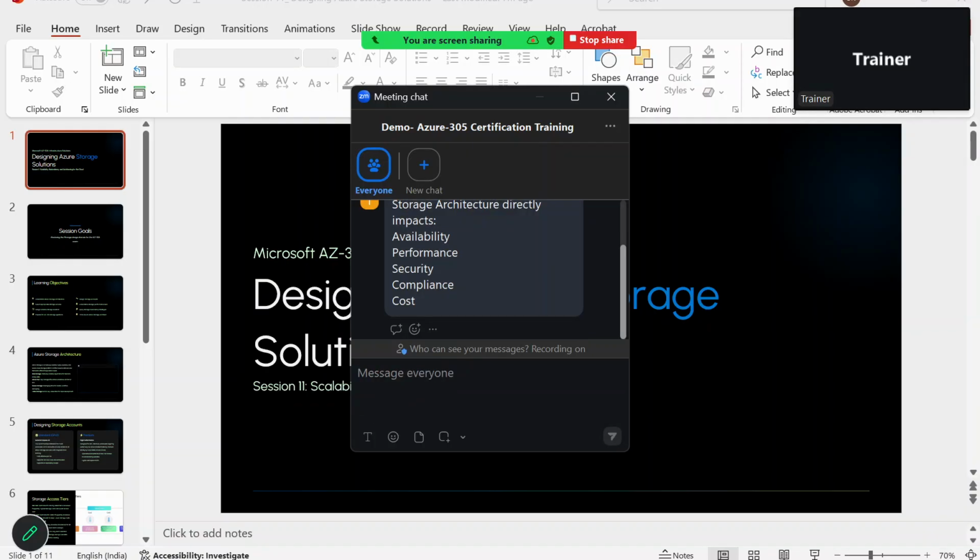So as an Azure Architect or Cloud Architect, storage decisions are among the most important decisions we make.